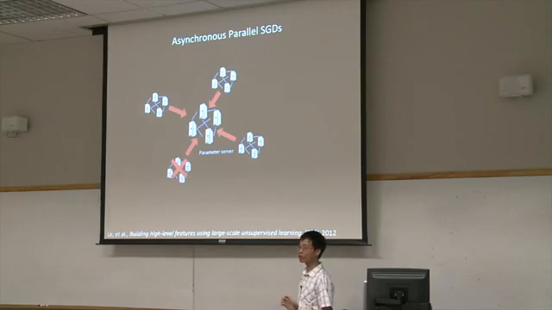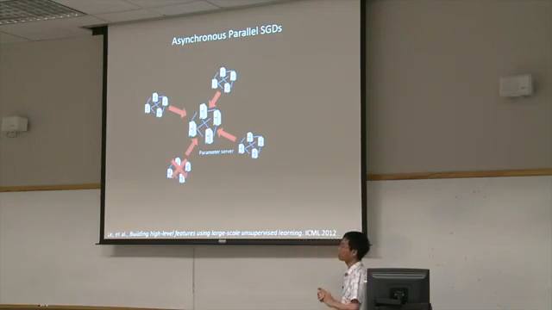Then everybody can proceed, right? Everybody can keep training, and make updates to the parameter, and so on. But if anybody goes down and then comes back up again, he will contribute to the entire training, and it still works fine.